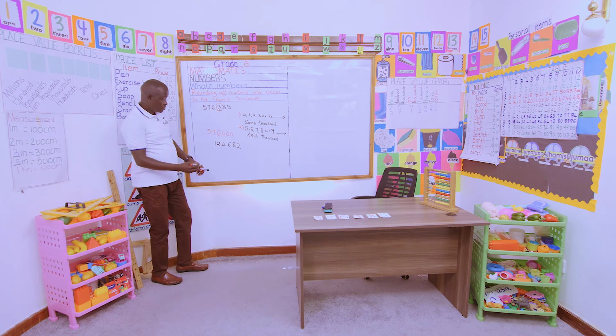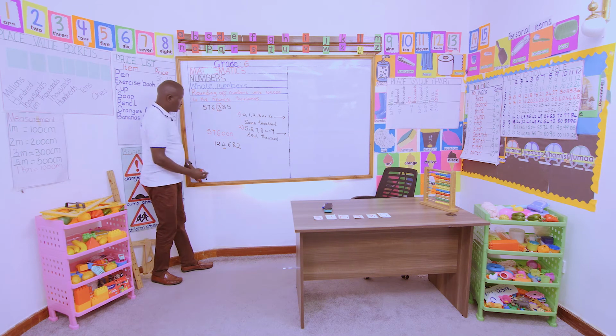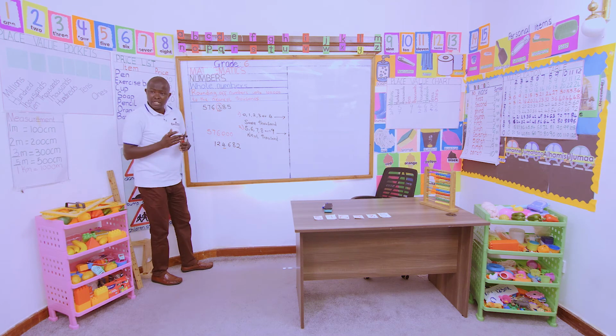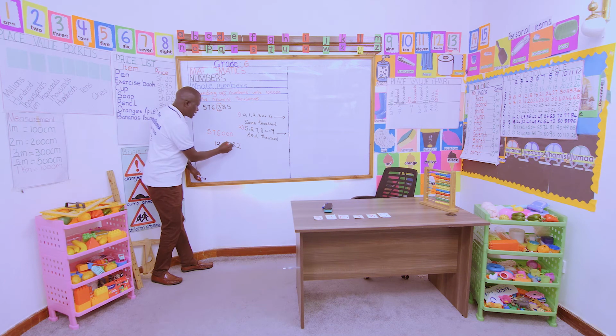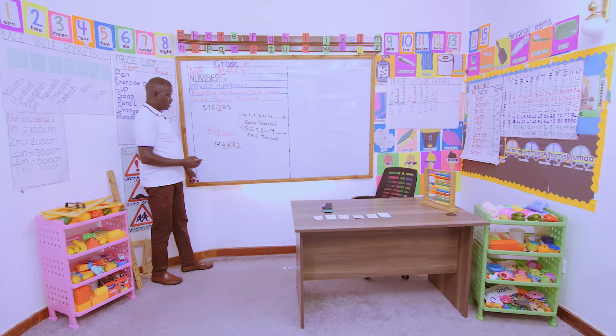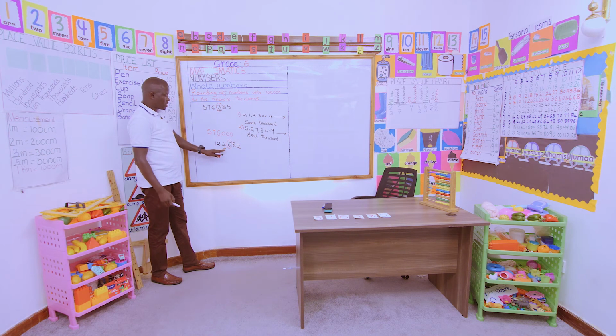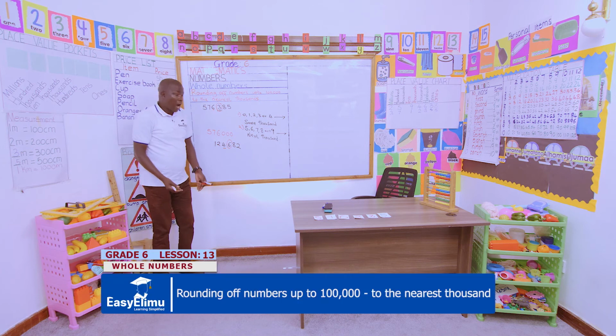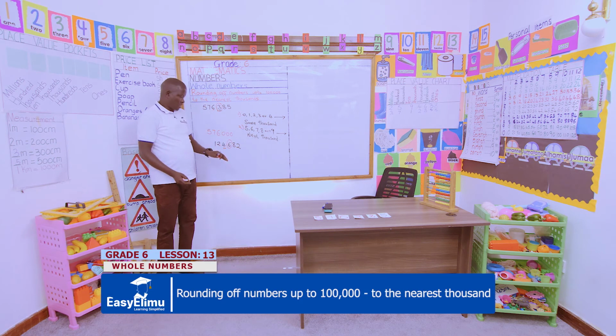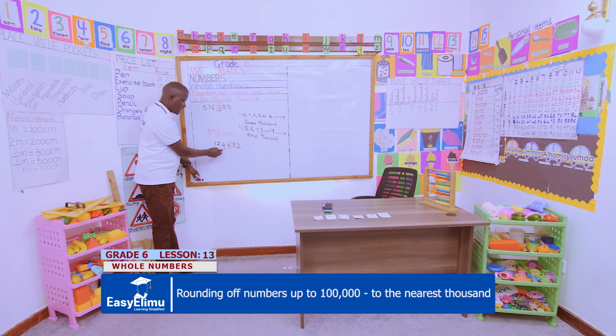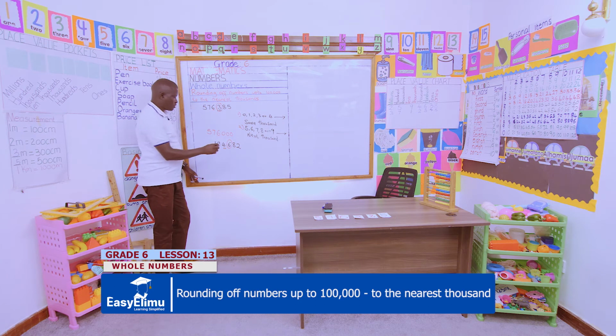Identify the digit in the thousand place value, which is 4. The digit just after 4, in the hundreds place value, is 6. Which category does 6 lie in, the first one or the second one? It is in the second one. So we round it to the next thousand. Remember, the thousand here is 4, so the next thousand becomes 5.